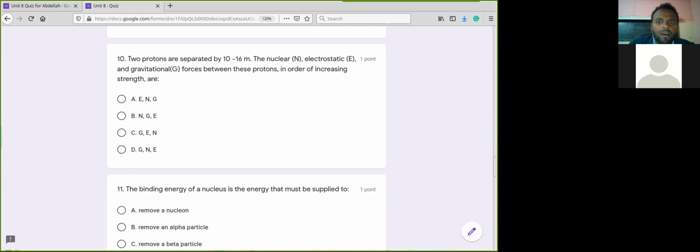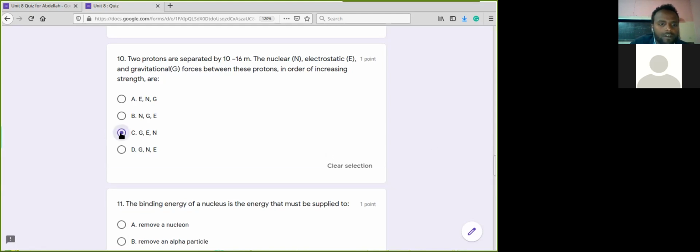Then the strong nuclear force is the strongest force in nature, therefore that is the maximum force. And the electrostatic force is between the gravitational force and the strong nuclear force. Therefore, option C is the correct answer. Good.